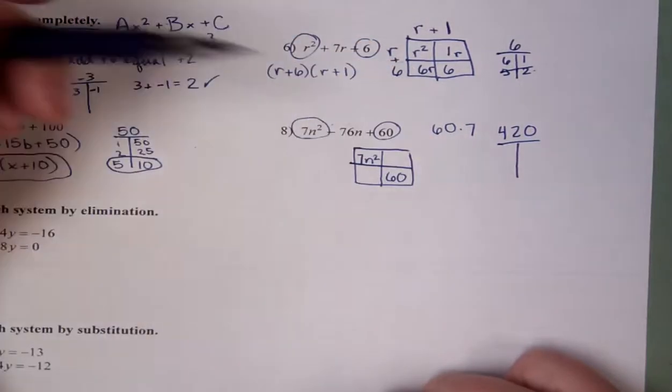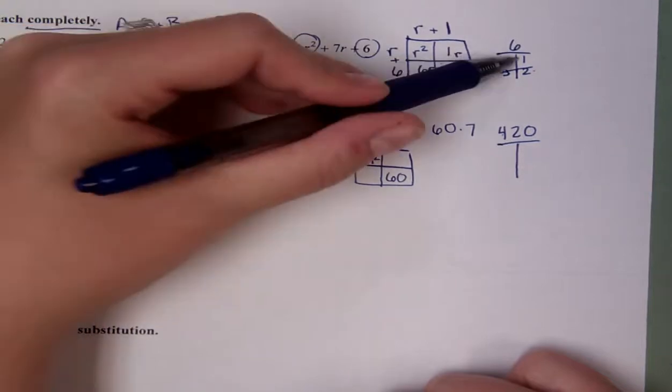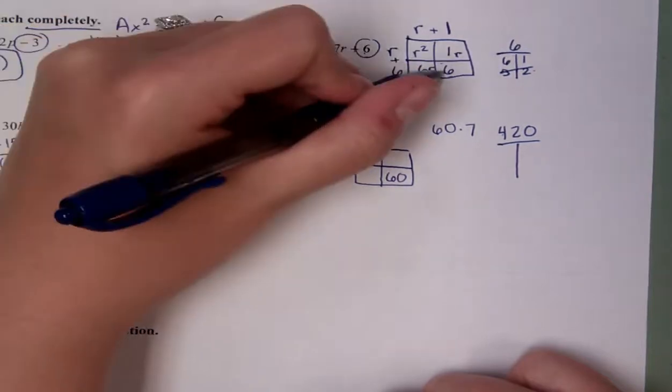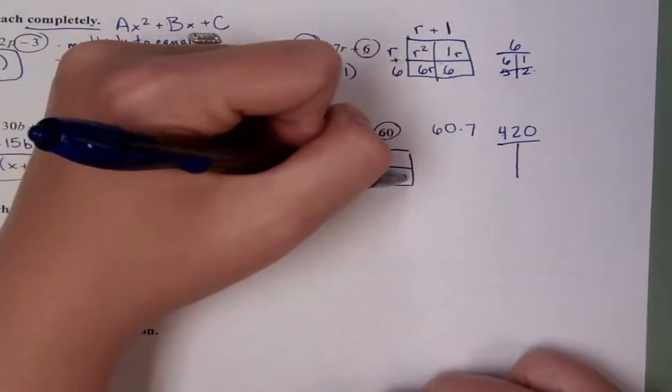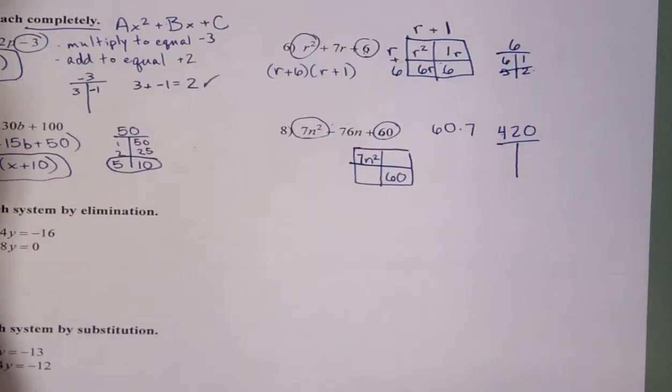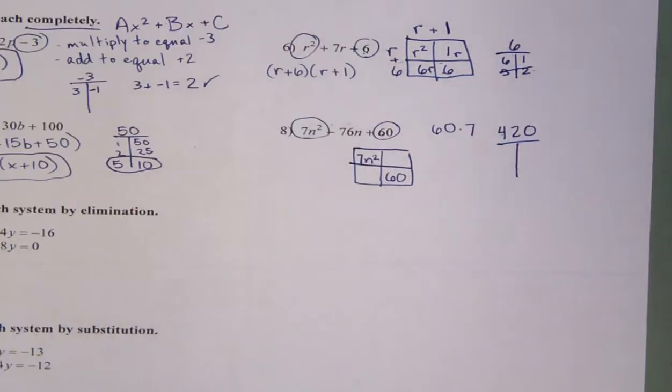I'm going to put 60 there. Notice I'm not putting 420. So here, these are the same numbers in those corners, but it actually matches up with this one as well. Here, these two match up. 420 does not go in that box. All right. We need factors of 420 that multiply to equal this, add to equal negative 76.